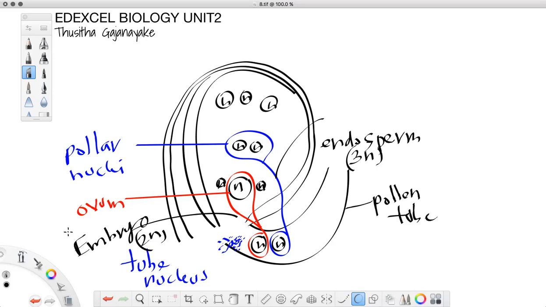So what is the next thing? Usually we know after fertilization, the flower becomes a fruit, right? So it's like this, the complete part of the flower, and this is the ovule.